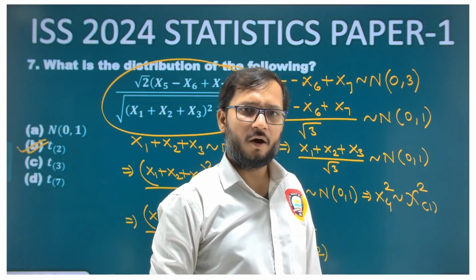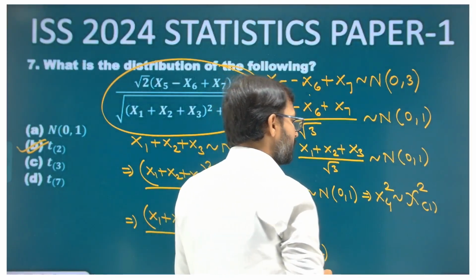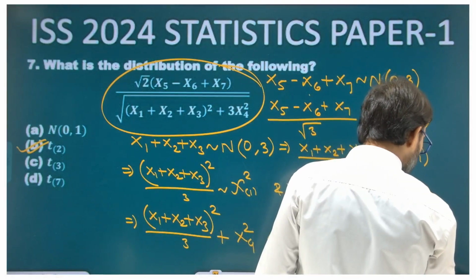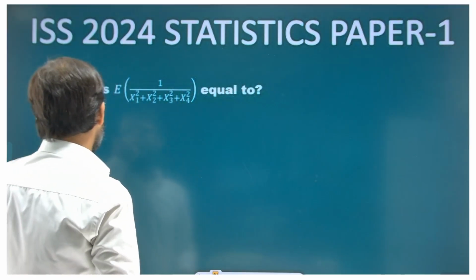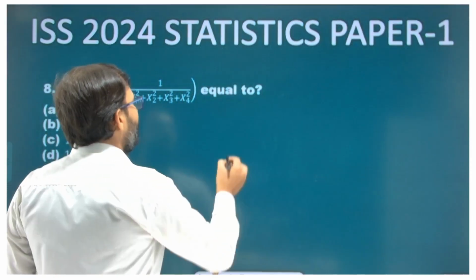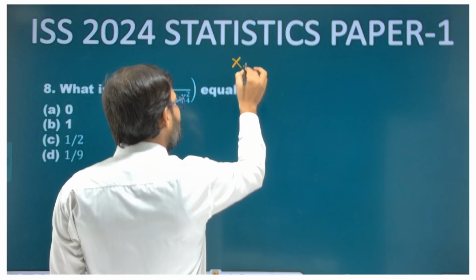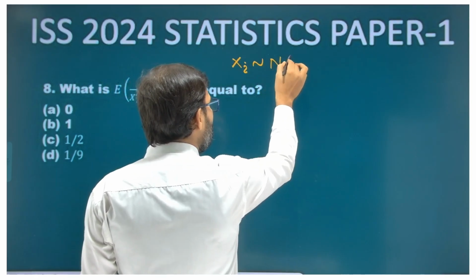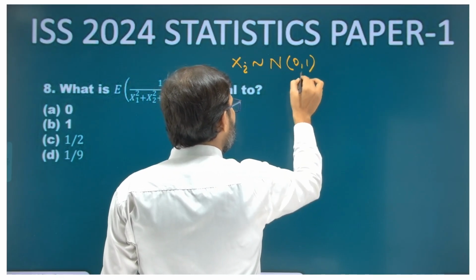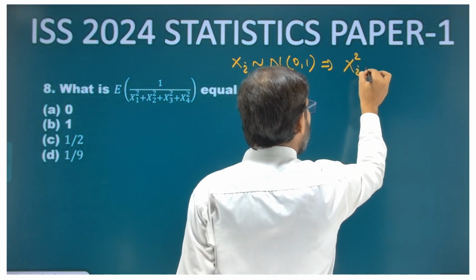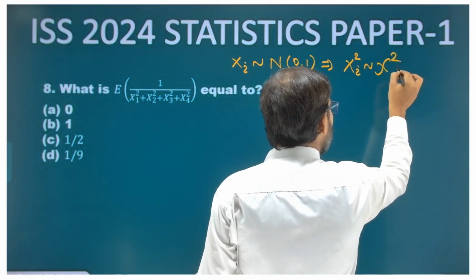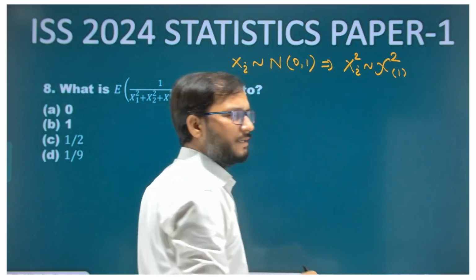Let me just see now the question number 7. So what is the question number 7? Now see here, we know that the xi's are following normal 0, 1. So xi squared will follow chi squared 1, is it?